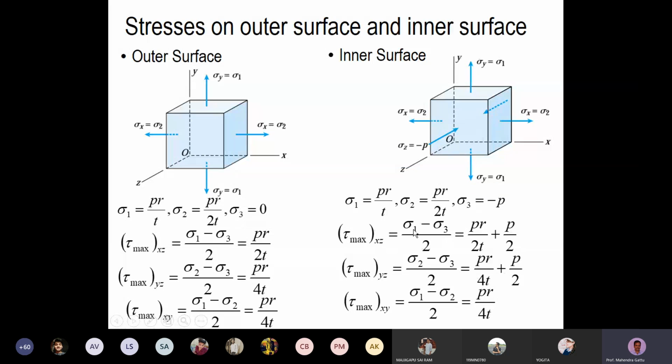So yz will be sigma 1 minus sigma 3 by 2, so PR by 2T plus p by 2, and xz will be PR by 4T plus p by 2. So these are the shear stresses. And where will be the maximum shear stress? I think PR by 2T plus p by 2. Again, we have the maximum shear stress in this vertical diagonal plane.